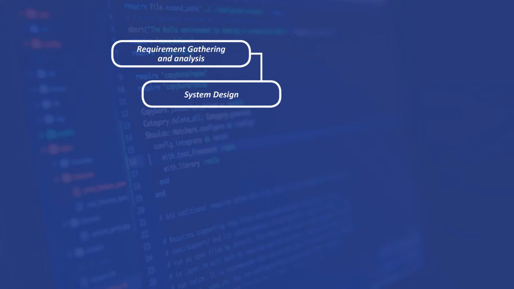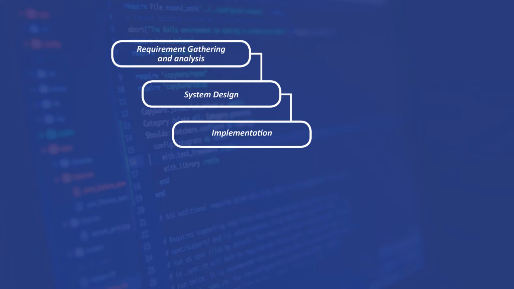The system design helps in specifying hardware and system requirements and helps in defining the overall system architecture. Next is implementation. With inputs from the system design, the system is first developed in small programs called units, which are integrated in the next phase.